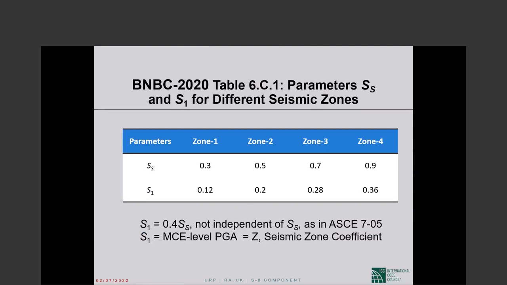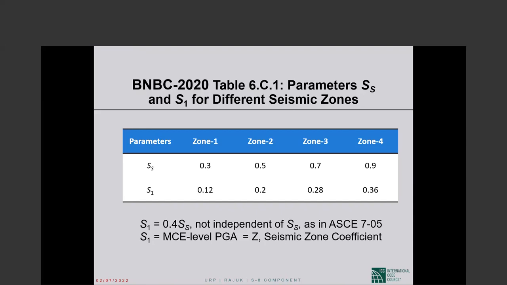So you have the seismic zone map for Bangladesh, and this table in Appendix C tells you that if your site is in Zone 2, Dhaka, then your S sub s is 0.5 and S sub 1 is 0.2. Very simple. There are no contours and things like that.